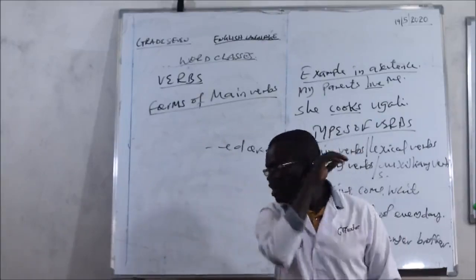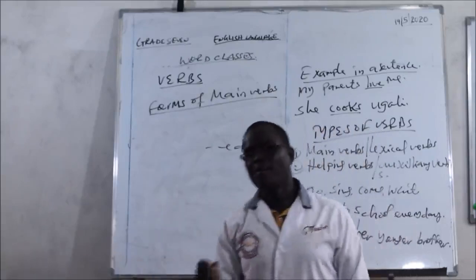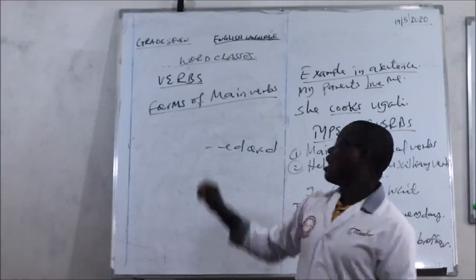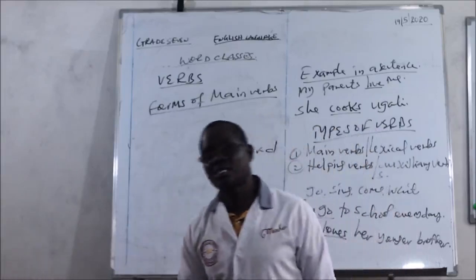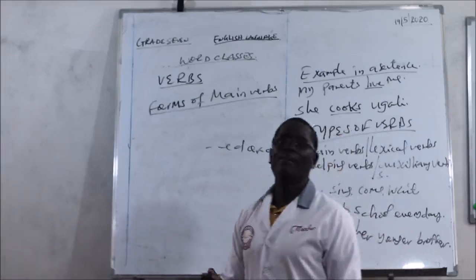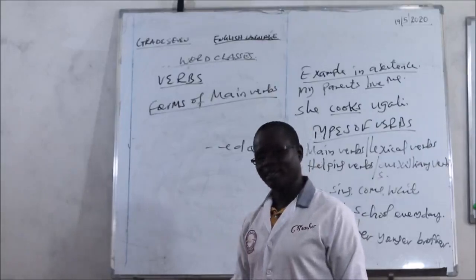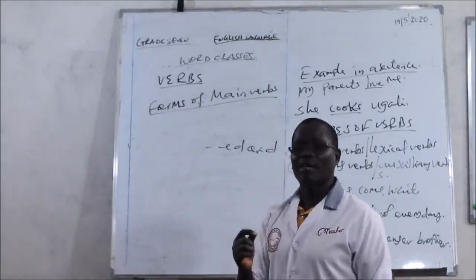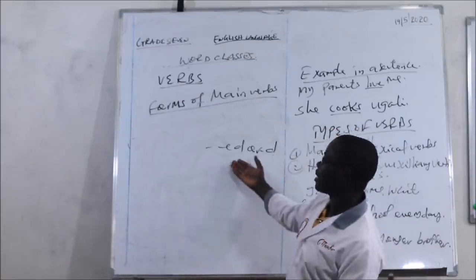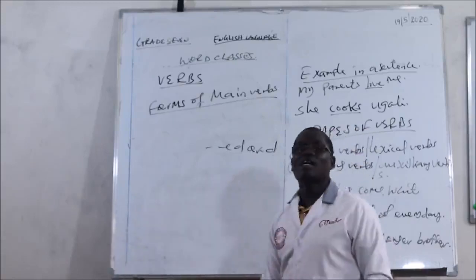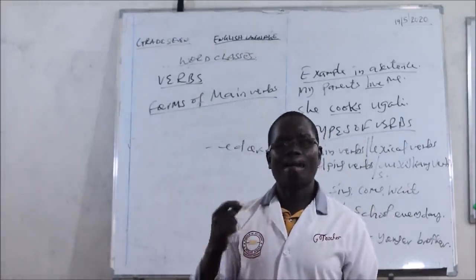Now, if a main verb is capable of receiving one of these universal past tense markers, ED or D, then we call that main verb regular main verb.